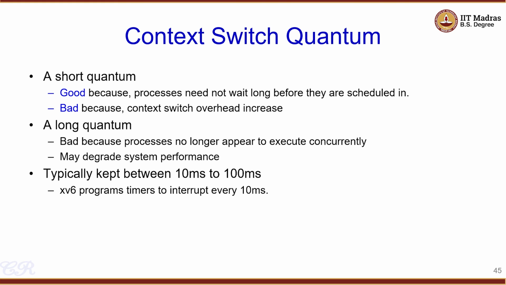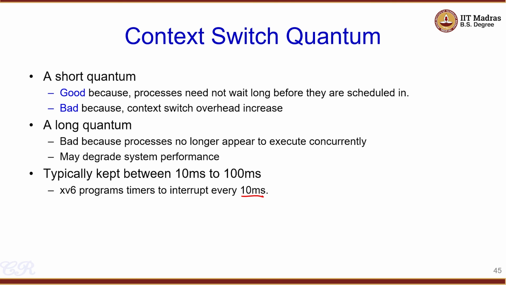So this too, if the quantum is too long, may degrade the system performance as well. Typically, operating systems may keep the context switch time between 10 to 100 milliseconds. XV6 keeps timers at 10 milliseconds. What we see later on is that these time periods are configurable and vary dynamically based on the load of your system and the type of applications and processes that are executing on the system.